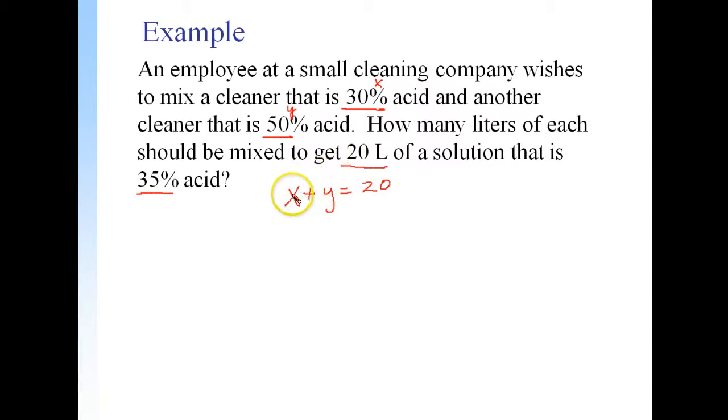Now, what's the acidity in the 30%? Well, it's 0.30 X, and in the 50%, it's 0.50 of Y, and you're going to end up with a 35% mixture of 20 altogether.